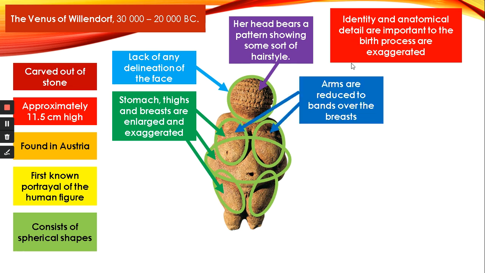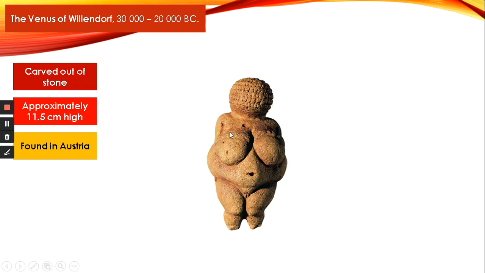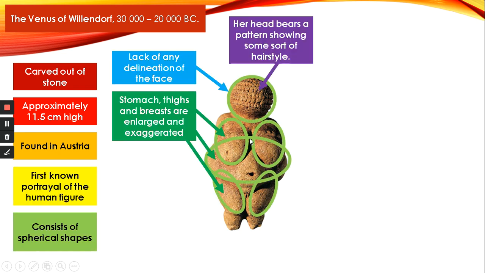The arms are reduced to bands over her breasts. If I take away all these arrows, you can see the arms come down and they're basically resting on the tops of her breasts. So those lines there are actually her arms. So again, not very important.